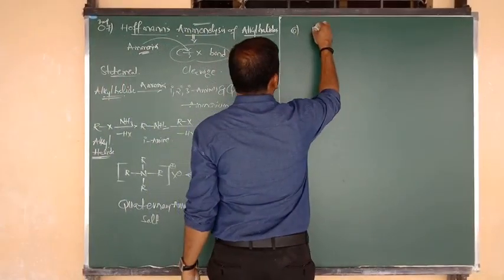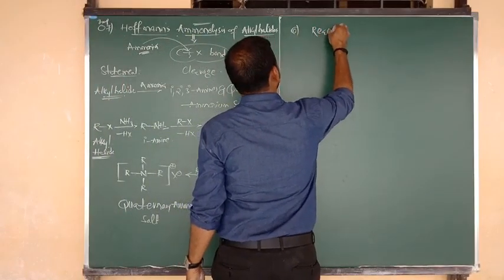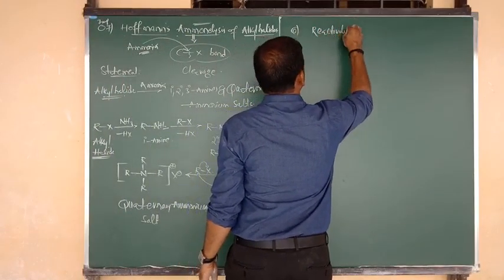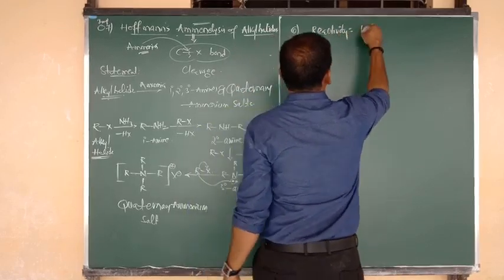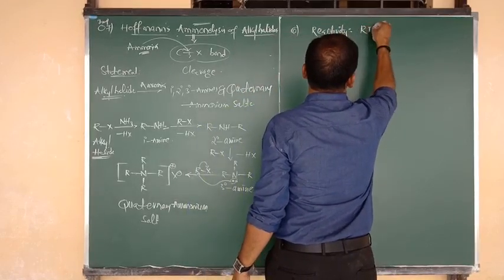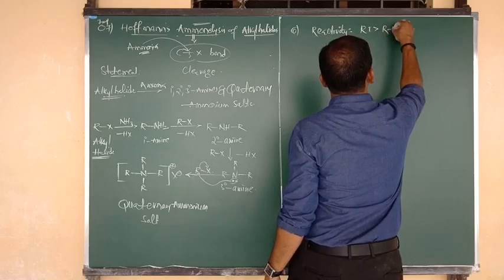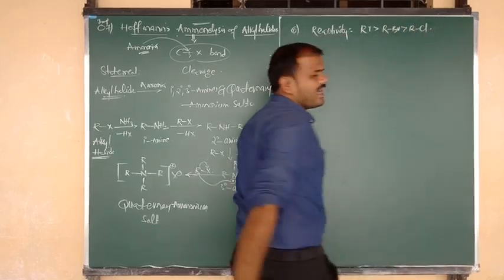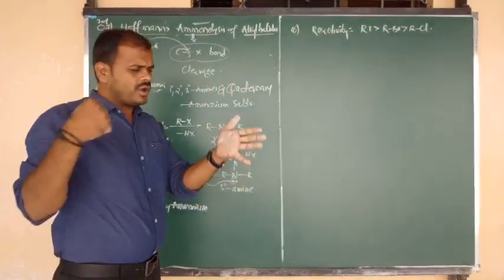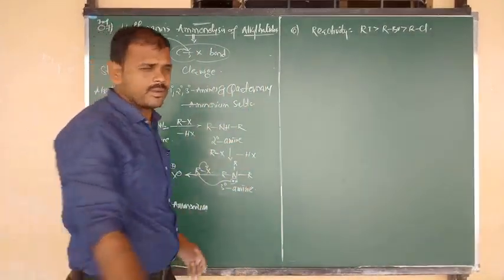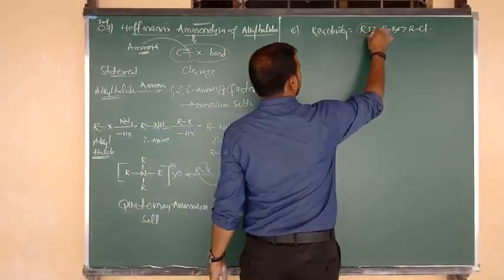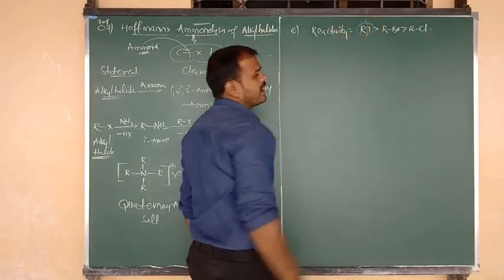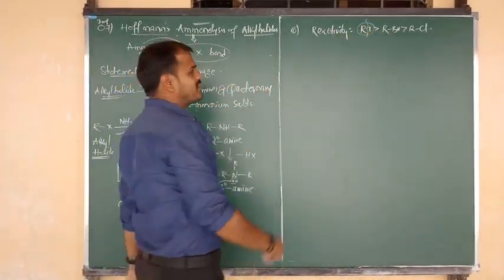Sir, which alkyl halide has more reactivity? The reactivity order of alkyl halides: alkyl iodide is the most reactive, after that alkyl bromide, and after that alkyl chloride. Alkyl fluorides are very less reactive due to the strong bond with fluorine. And the C-I bond is very weak due to the large size of iodine, so it is more reactive towards the ammonolysis method.